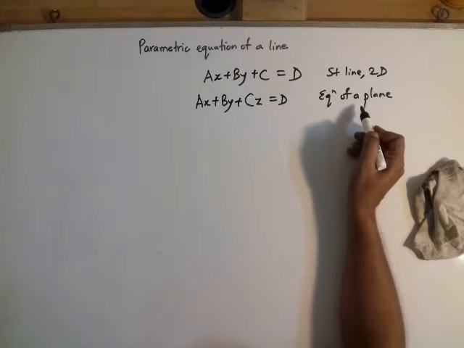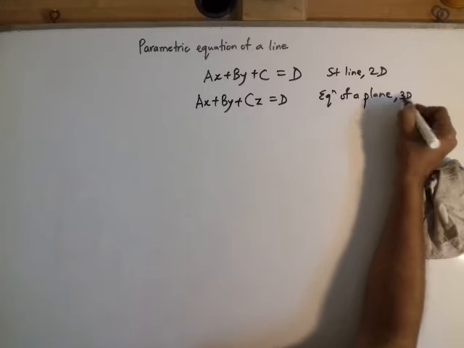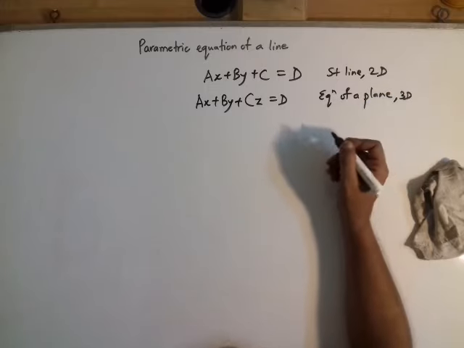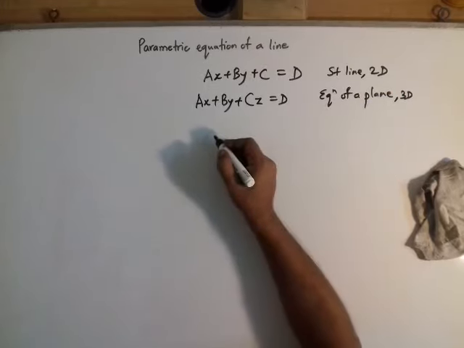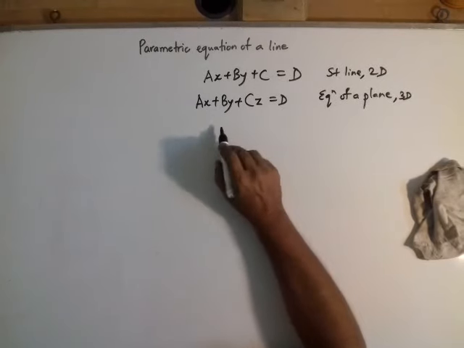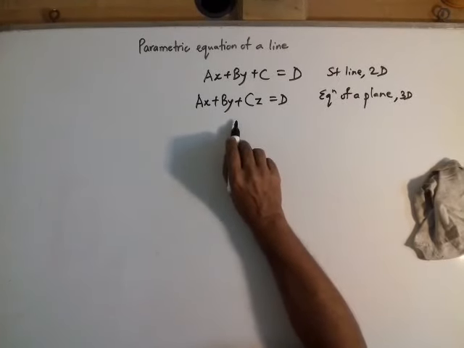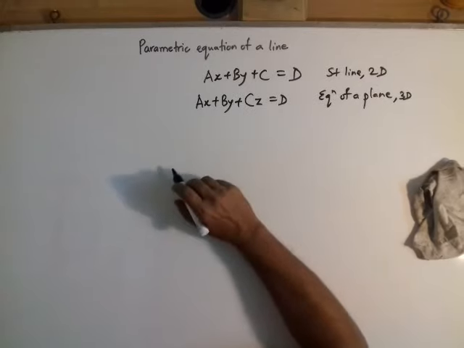Well, if this is the equation of a plane in 3D, then what is the equation of a line? Because we have lines in 3D too. The only way I know to represent a line as equations in 3D is the parametric form.